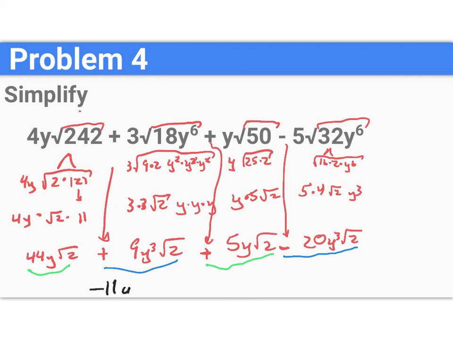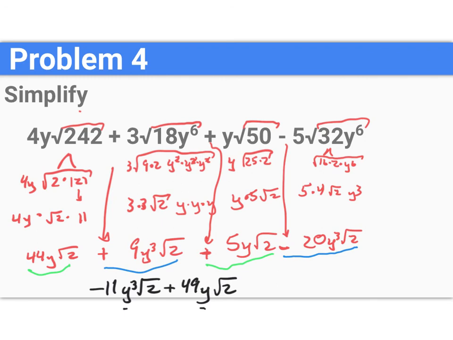Negative 11 y cubed root 2 plus 44 plus 5 is 49 y root 2. Now, you cannot combine a y cubed and a y, so that makes them different terms. We're done. It's simplified. You can't do anything else.